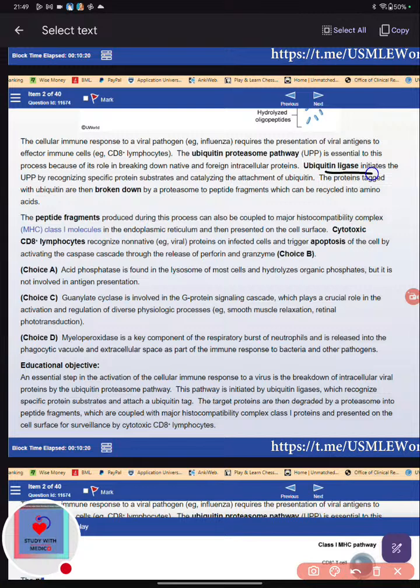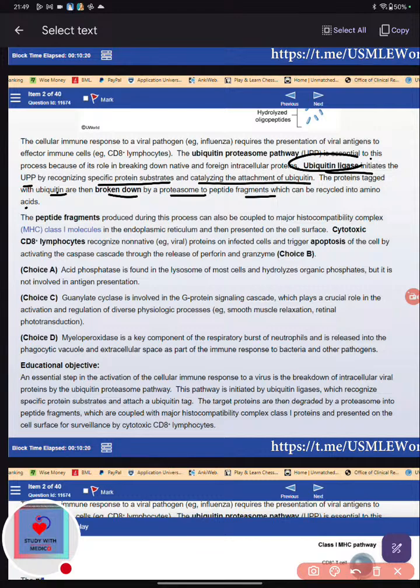Ubiquitin ligase is the enzyme that initiates the UPP, the proteasome pathway, by recognizing specific protein substrates and catalyzing the attachment of ubiquitin. The protein tagged with ubiquitin is then broken down by the proteasome to peptide fragments which can be recycled into amino acids.